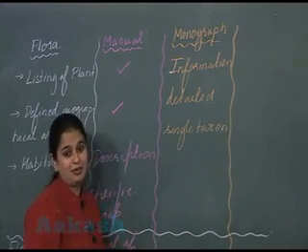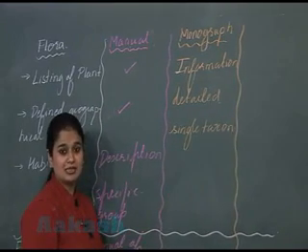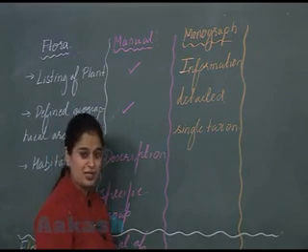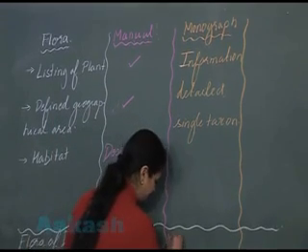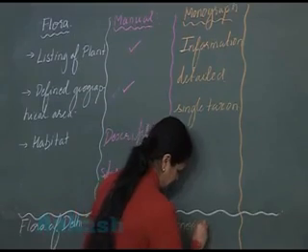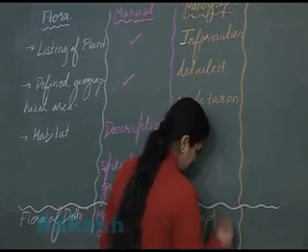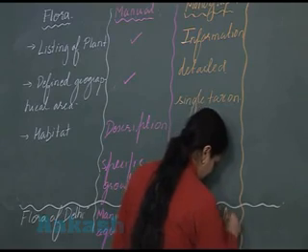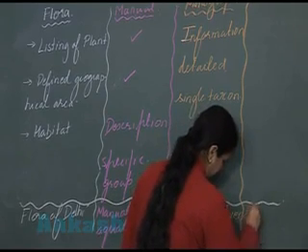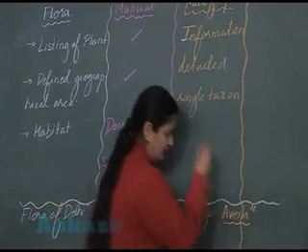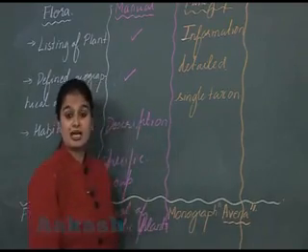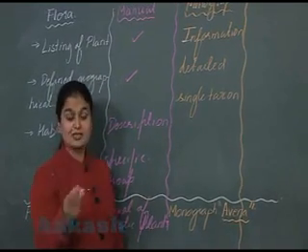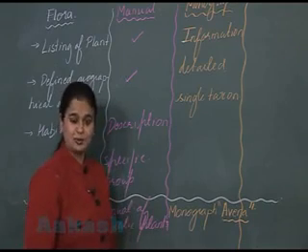Now one example which I can cite here is monograph of the genus Avena. Avena is the scientific name, the generic name, for oat.